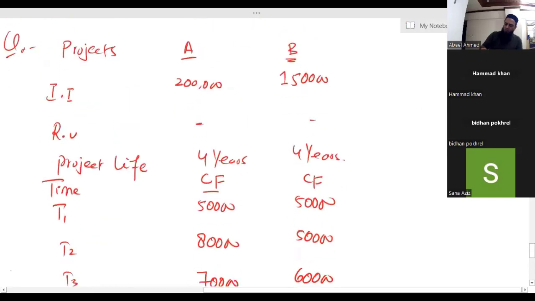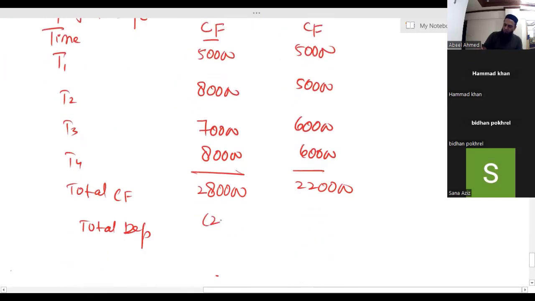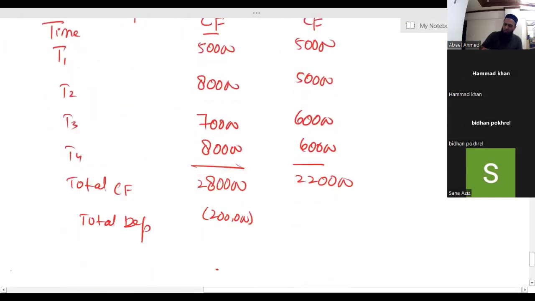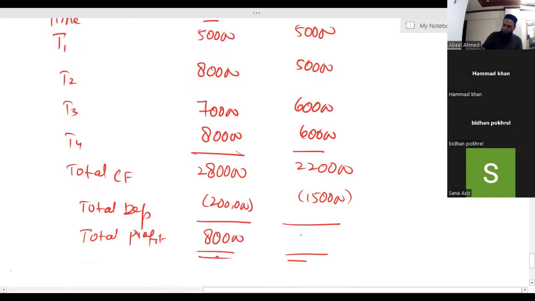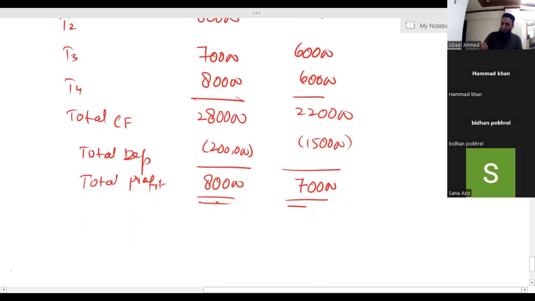Since there is no residual value, the total depreciation will be 200,000 and 150,000. Here comes your total profit, 80,000. I believe 70. This total profit is the profit of 4 years.